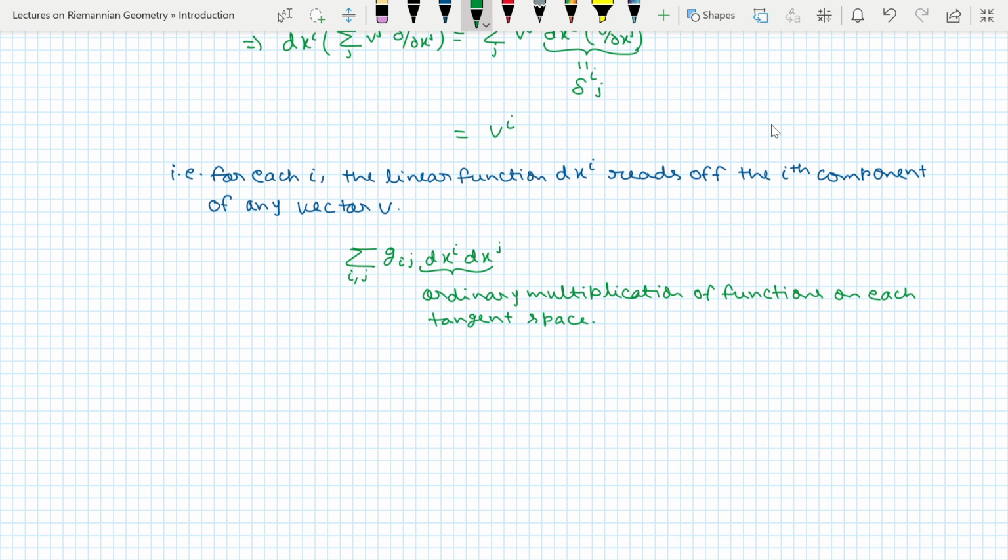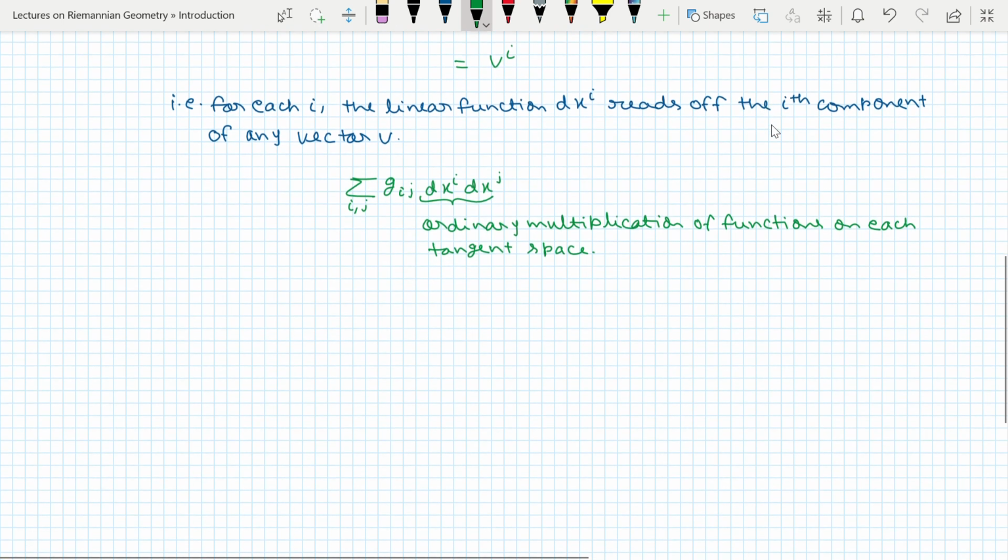But where does this notation of ds squared and line element actually come from? One way to understand that is, let's say you have 2 points P and P dash. These are your nearby points.